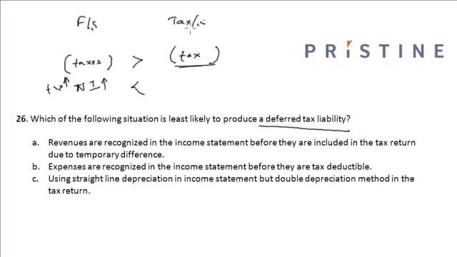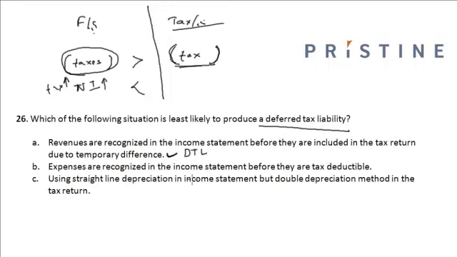Whereas if it is not included in the tax statement, the tax is less than the taxes recognized in the financial statement. Hence it will create a deferred tax liability, DTL.